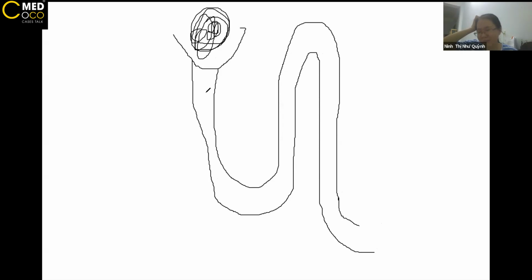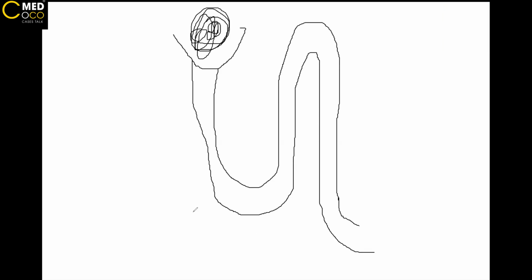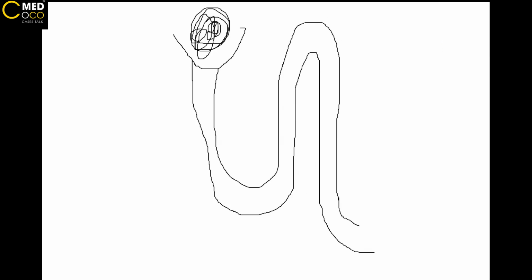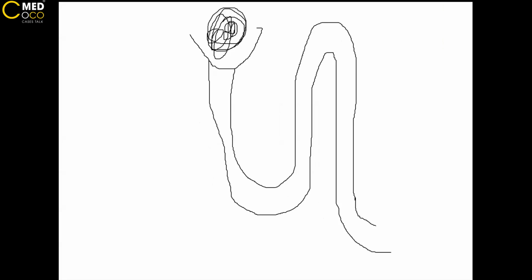The descending tubule, the ascending, the distal convoluted tubule, the collecting duct. We still have the proximal part in there. Let's just say it's the distal, because usually we're not really concerned with that.